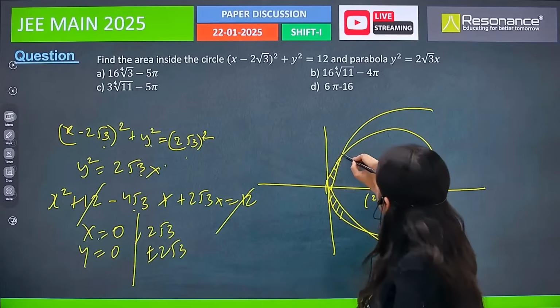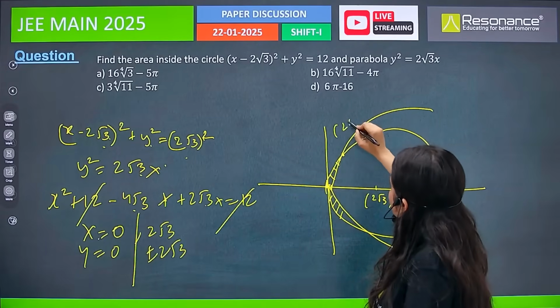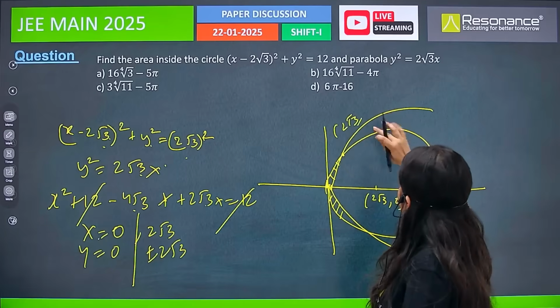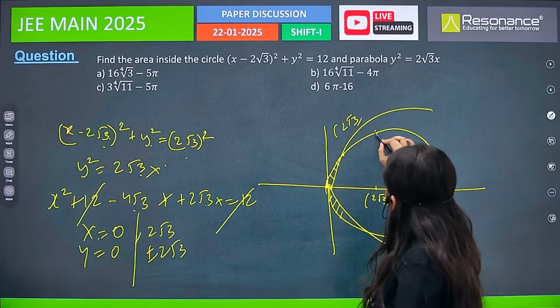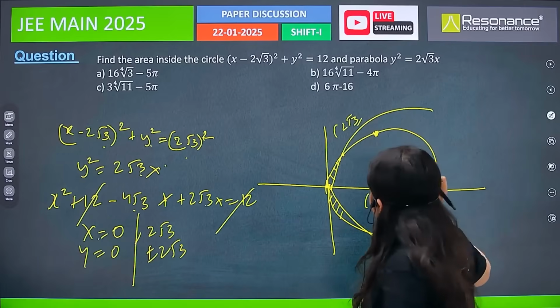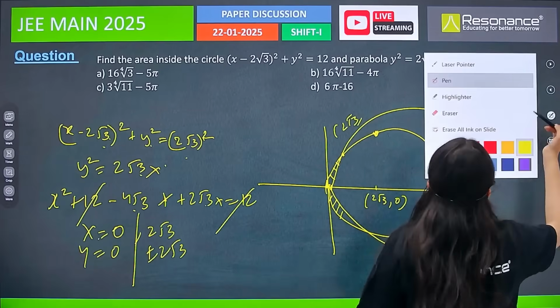Alright? Nice. So this point, 0, 0, was clearly visible. This is 2 root 3, this point, if I draw the diagram properly, will be right here, just above the center. Let me rewrite the diagram again.